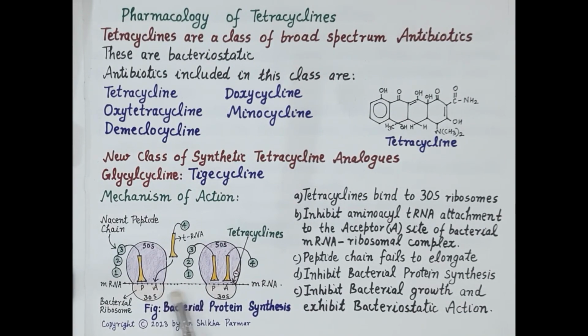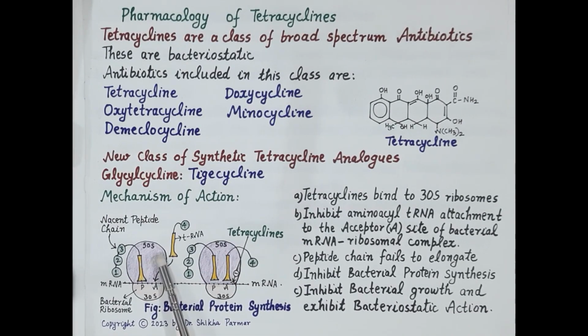Now these are codons on the messenger RNA. A codon is a group of 3 nucleotides. Each codon codes for a specific amino acid. So this complex is termed as messenger RNA ribosomal complex.